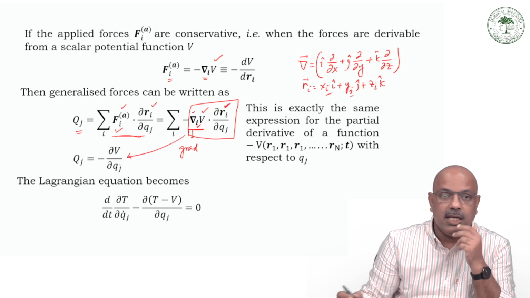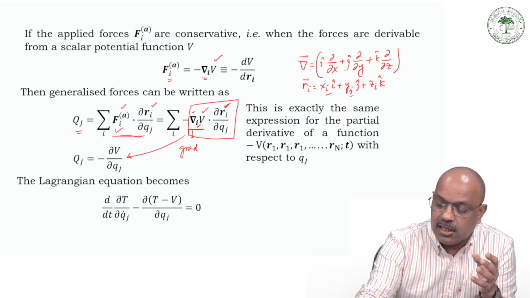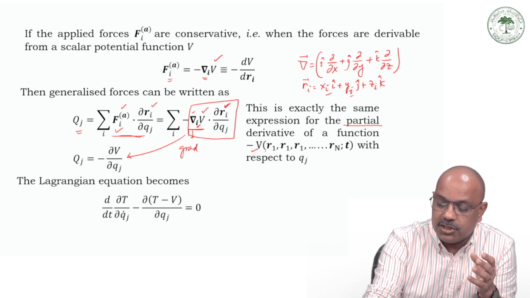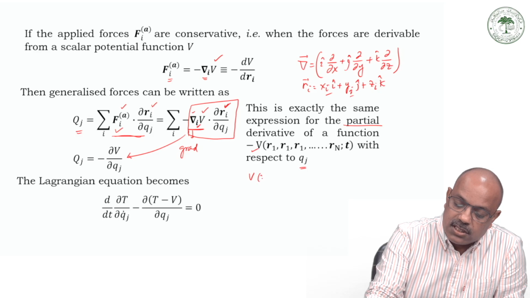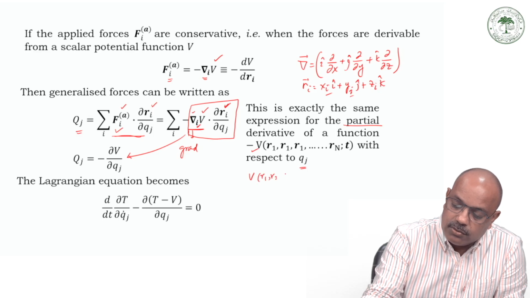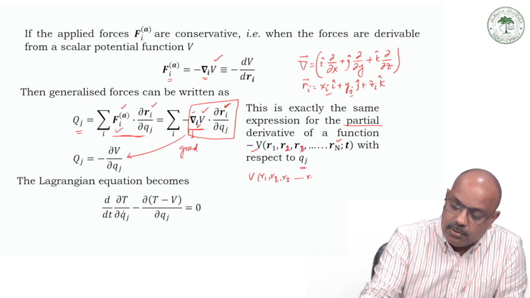dV by del q_j, because this is equivalent to the partial derivative of the potential with respect to q_j. So if I have my potential V, which depends upon r1, r2, r3 up to rn, and t, so basically it depends upon r and t.